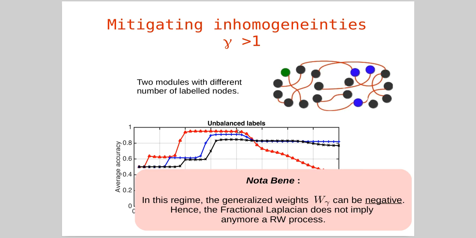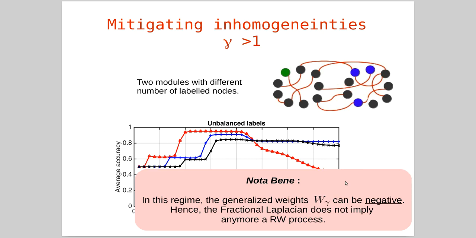The last thing to be noticed here is that when you define the Laplacian with fractional power, and you put this gamma parameter bigger than 1, you obtain a new graph with generalized weight W gamma. The point is that those weights can be negative. So when you then try to interpret this classification function as a result of a random walk process, you cannot do it anymore, because a symmetric negative weight cannot be transposed into a transition probability matrix because of the negativity of the weight.